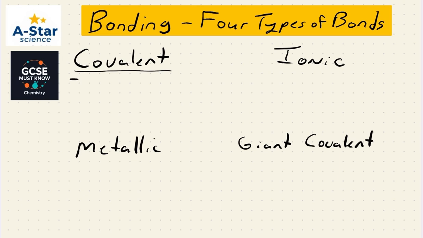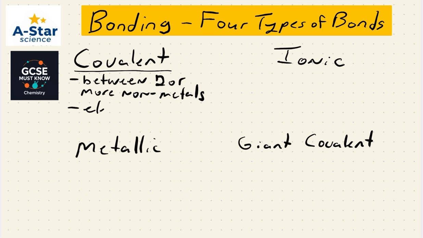Covalent is bonding between two or more nonmetals. That's what covalent is. And in covalent bonding, electrons are shared.